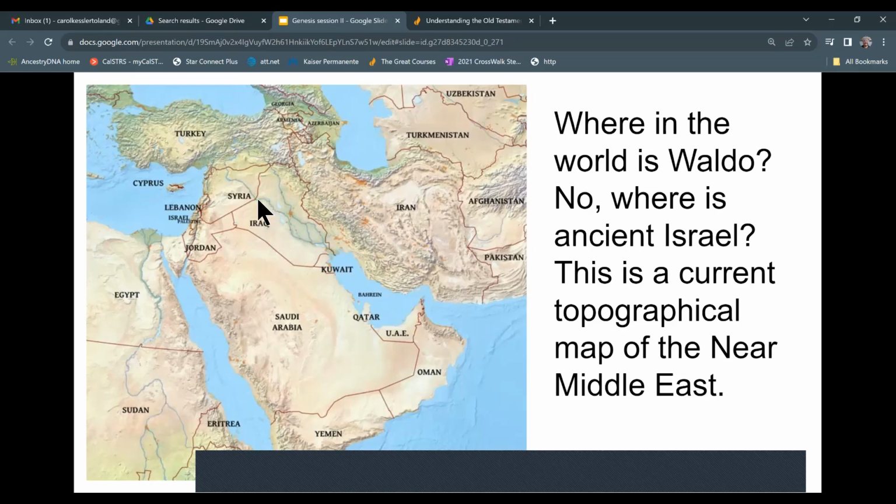It is also up into what is modern day Syria, and then coming down along the border of the Mediterranean into modern day Jordan. So this is a crescent shape following the water that would have been usable for land irrigation for animals and people. We can't live without water.